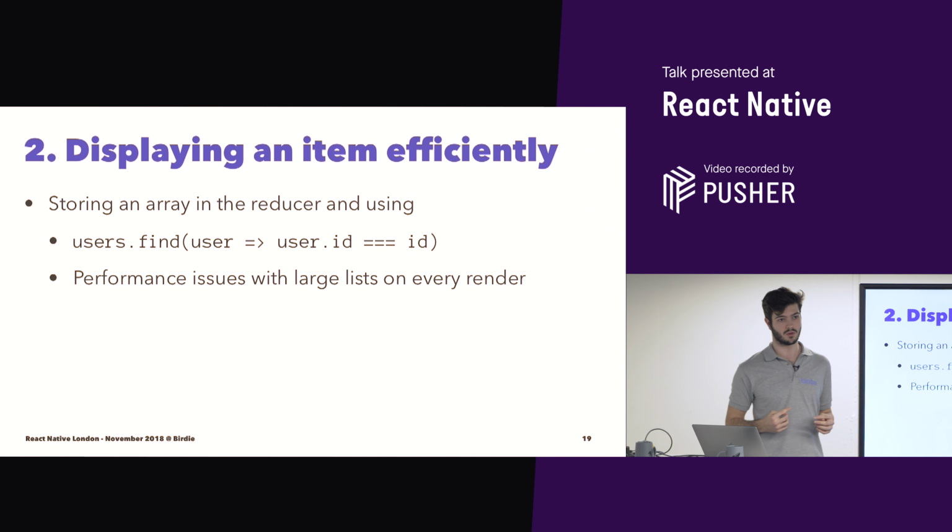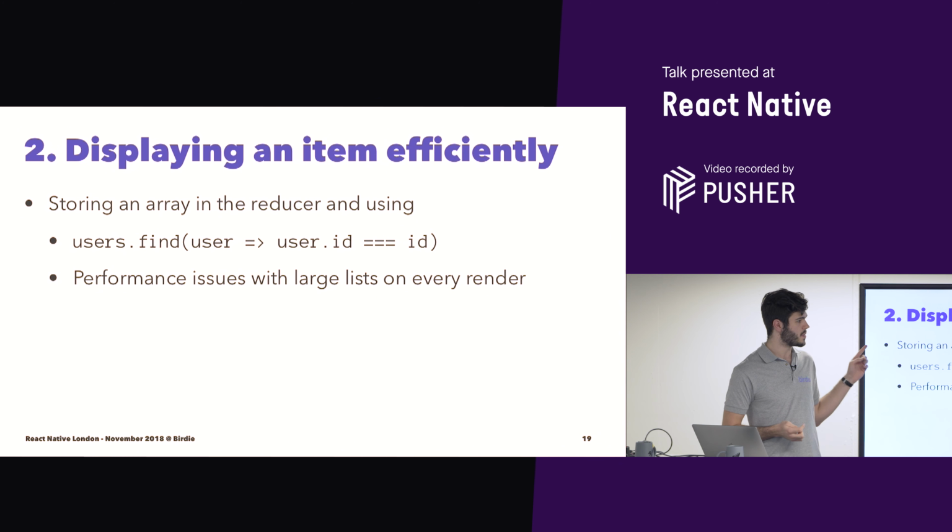Let's take back the example of our use case where we had a list of 200 clients. A Redux selector like this one will be run every single time that the component tree has to re-render. So every time something changes and we need to re-render the component tree or any part of it, we're going to need to run this function. Doesn't seem too bad, it's just a find on an array.